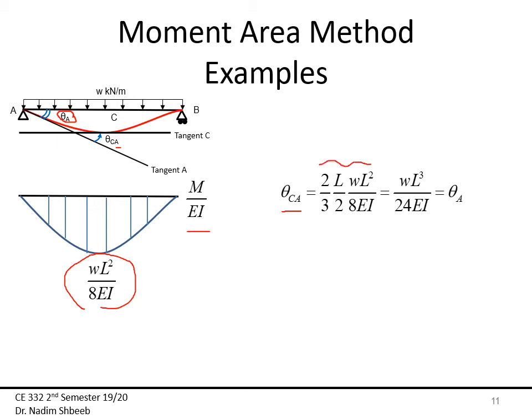So this is my area, which was again 2/3 BH, B being L over 2 and H being WL² over 8EI, and this being L over 2. So now theta CA is equal to WL³ over 24EI, which is the same as theta A. So now we got theta A covered.